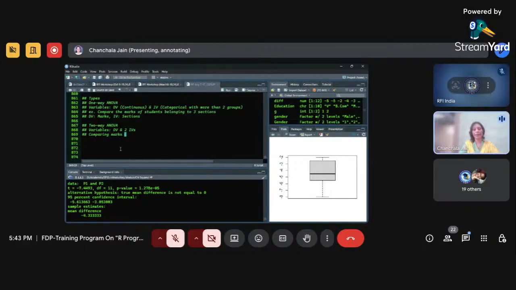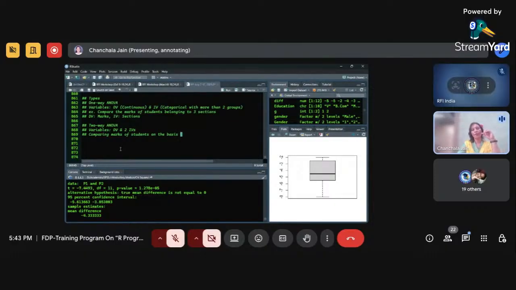Two-way ANOVA means two-way analysis of variance, where we are comparing the mean in 2 ways, row-wise and column-wise.